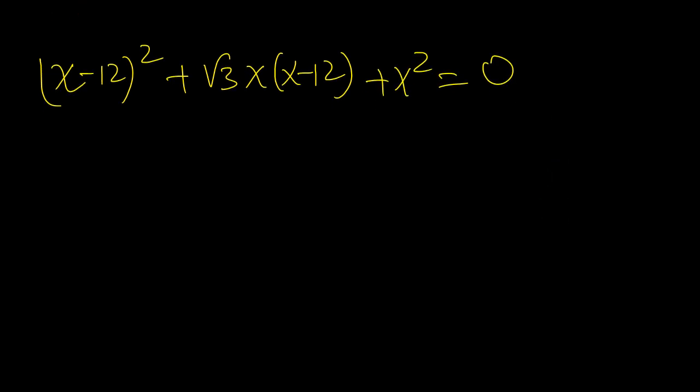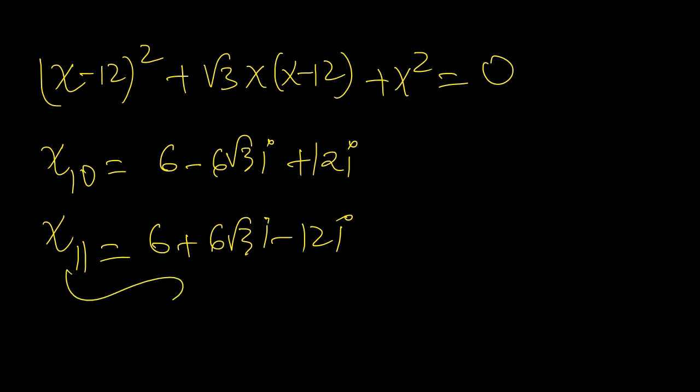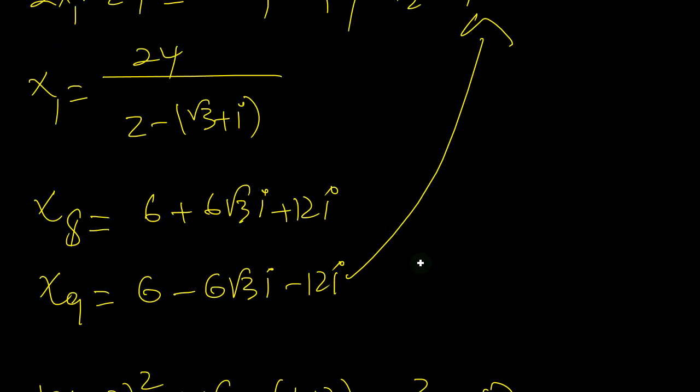From here, following the same steps, we're gonna end up that x10 is gonna be equal to 6 minus 6 square root of 3i plus 12i, and then x11 is gonna be 6 plus 6 square root of 3i, and then minus 12i. Okay, guys, so this is the solution for this equation.